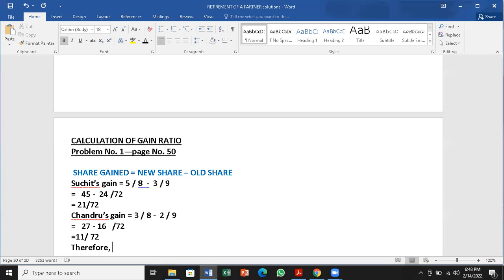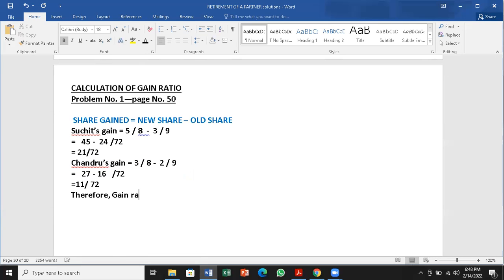Therefore, gain ratio of Suchit and Chandru is equal to 21:11.